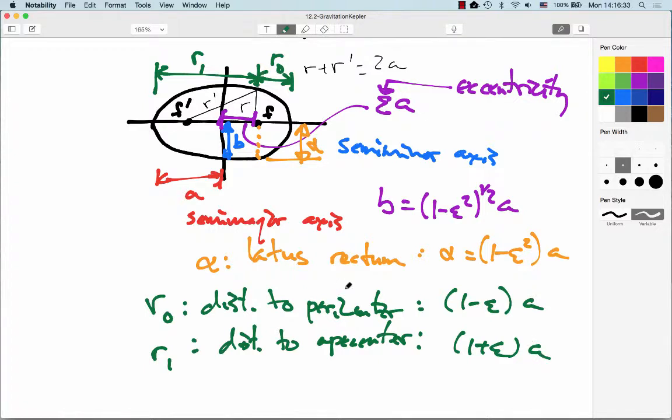So a useful construct to remember for another way to think about the eccentricity is you can construct a right triangle like so. Make that the semi-major axis, make this the semi-minor axis, and then this distance right here is epsilon times the semi-major axis.